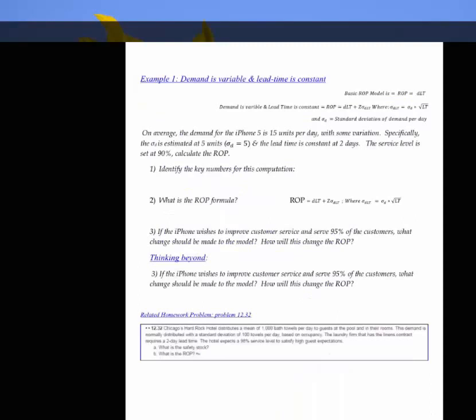Here we have example 1. In example 1, demand is variable and lead time is constant. Remember, I told you there'd be 3 different ways we would do this. So in this one, we have demand is variable, lead time is constant. So therefore, we use this formula that is located right here.